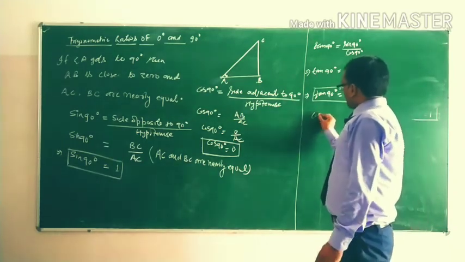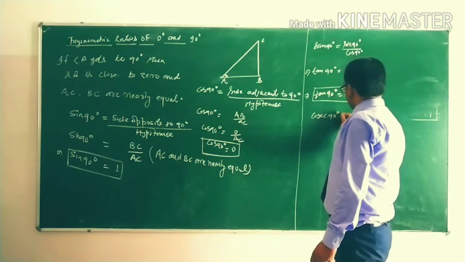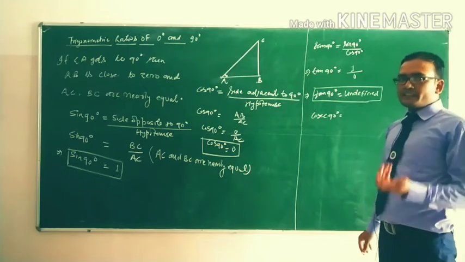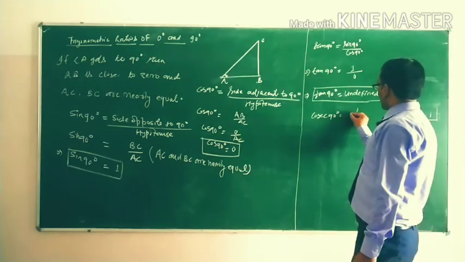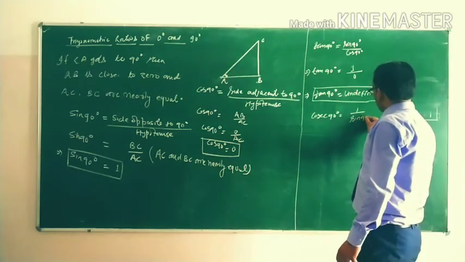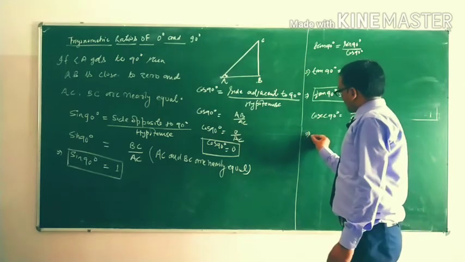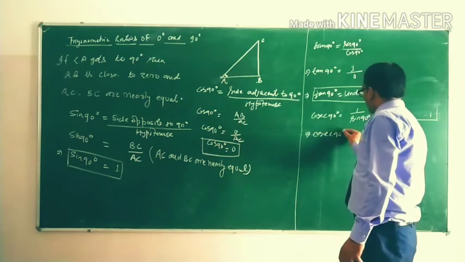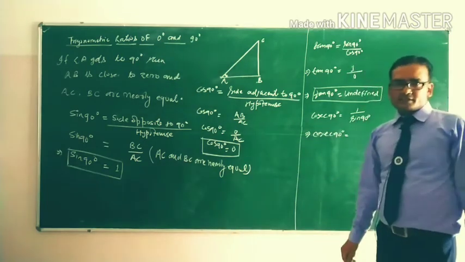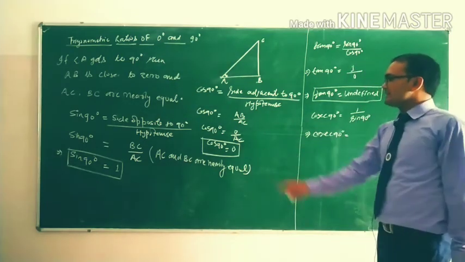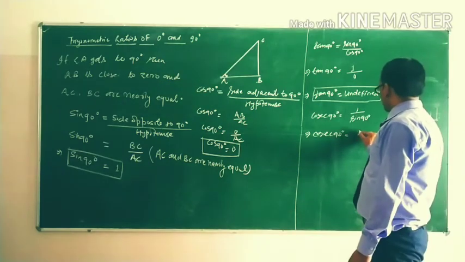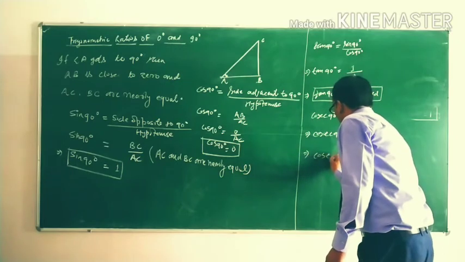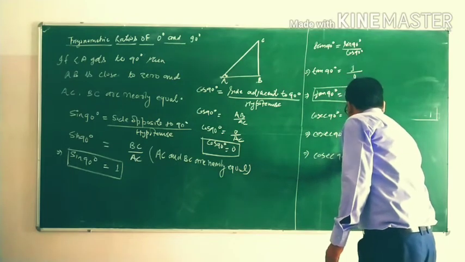And cosec 90 degrees is 1 upon sin 90. This implies that cosec 90 degrees is, what is the value of sin 90? Sin 90 is 1. This gives the value 1 upon 1. That means cosec 90 degrees is 1.